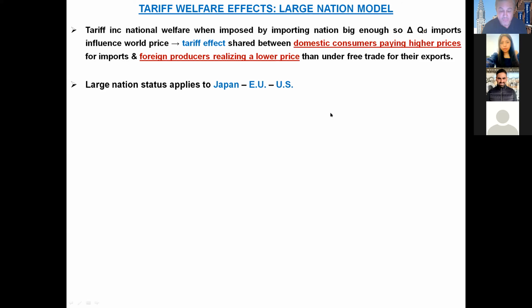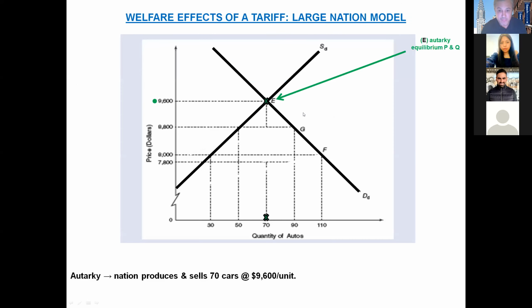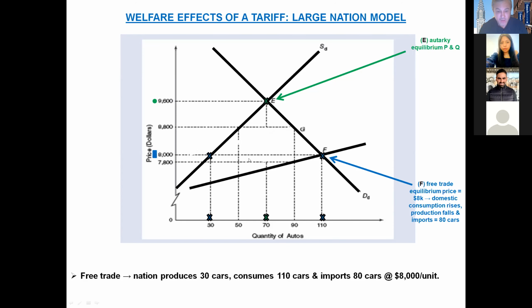Okay, so let's take a look here. And we see here that at autarky, the nation is producing and selling 70 cars at $9,600 a unit. Next, we see that under free trade, the equilibrium price is $8,000 a unit.